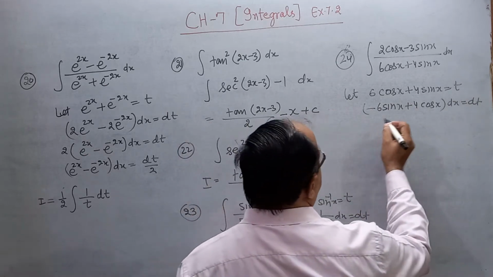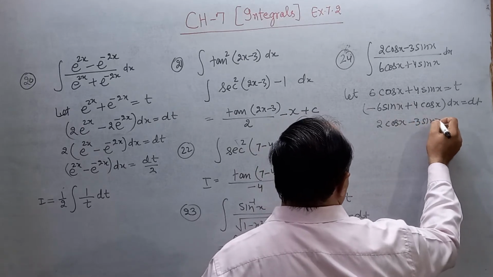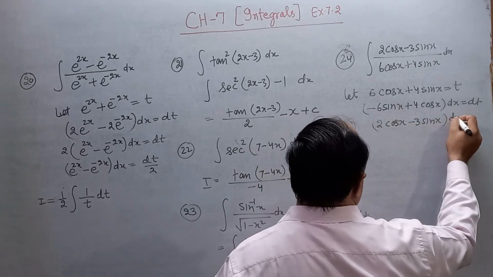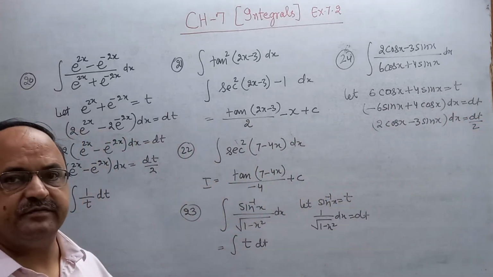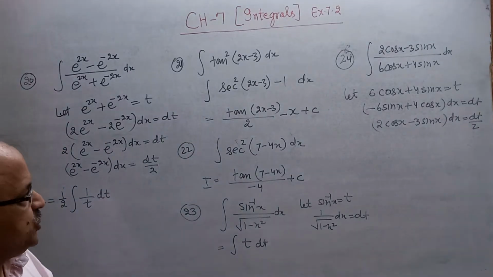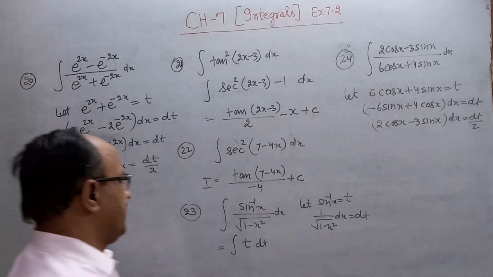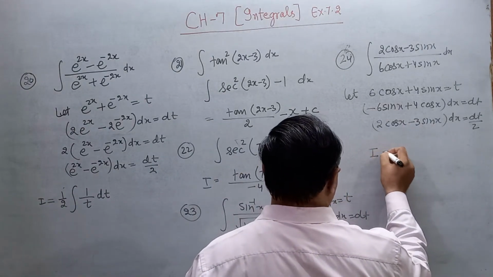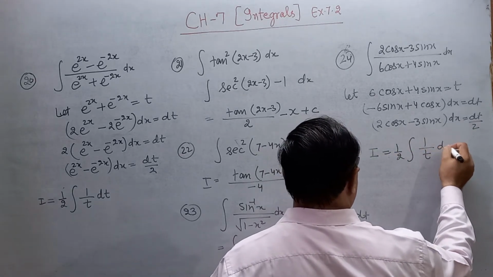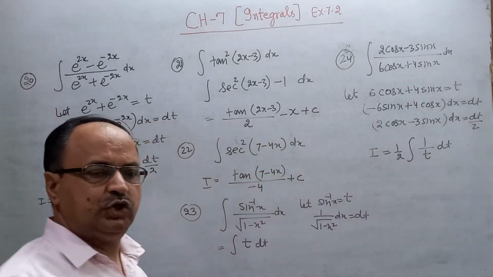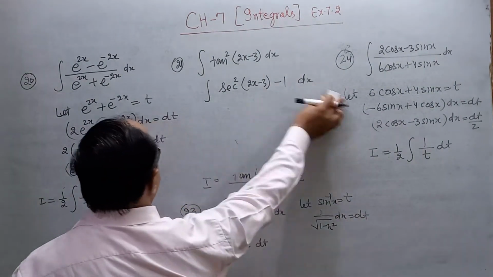Now dividing by 2 both sides, (2 cos x minus 3 sin x) dx is equal to dt by 2. Therefore, the question converts to 1 by 2 outside, integration of 1 by t, and the integration of 1 by t is log t. Correct?